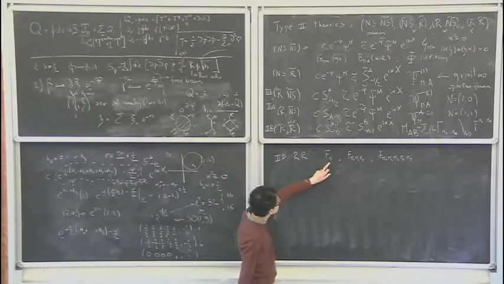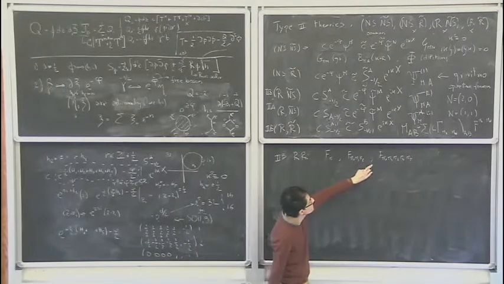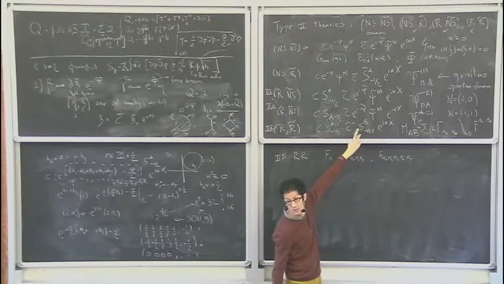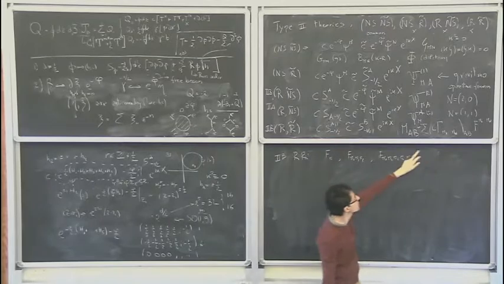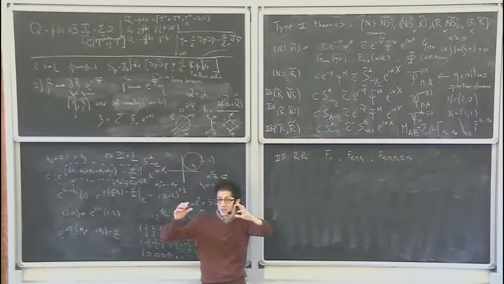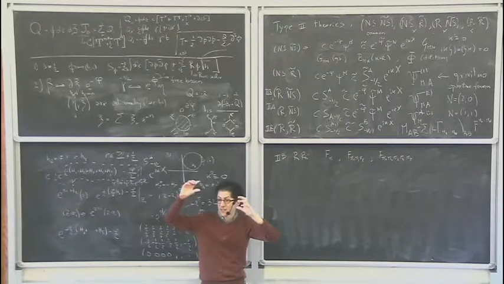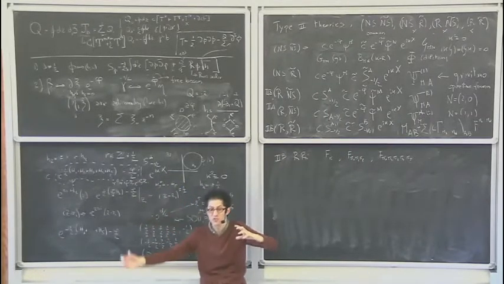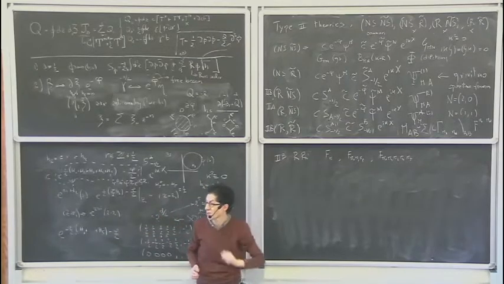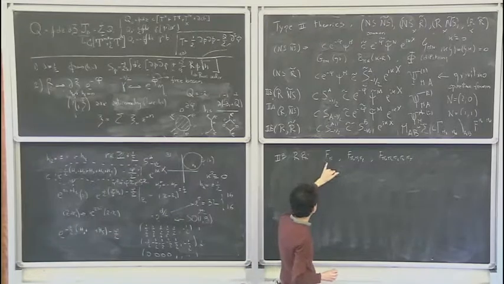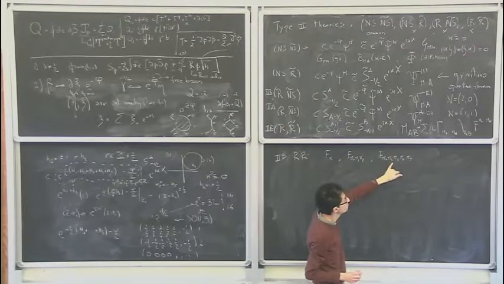So the fact that the even ones are missing is related to the fact that these two have the same chirality. An object with an even number of gammas will be a matrix that is off diagonal in the Weyl representation, which changes chirality. So they cannot appear. So you have these fields.